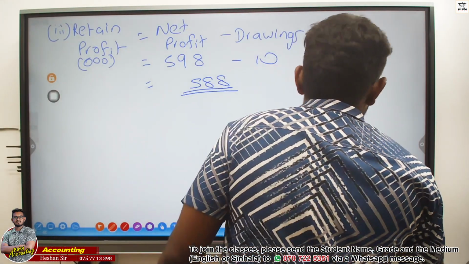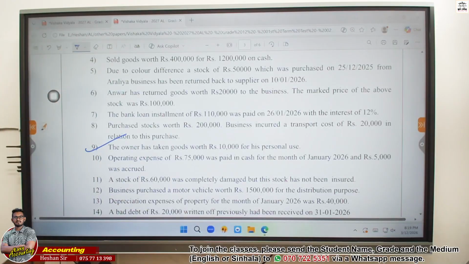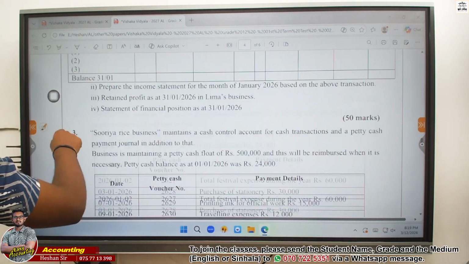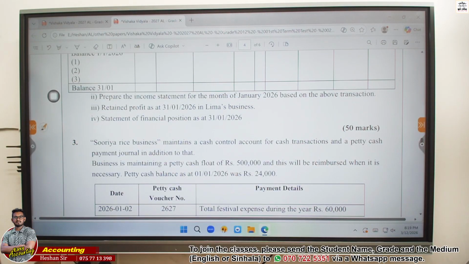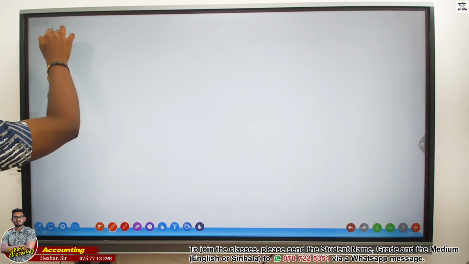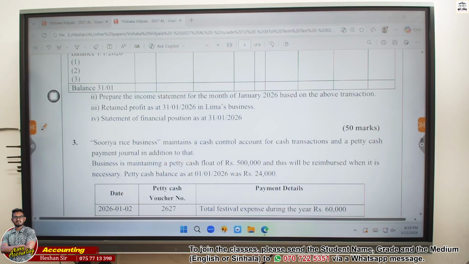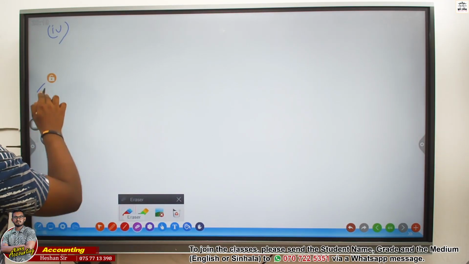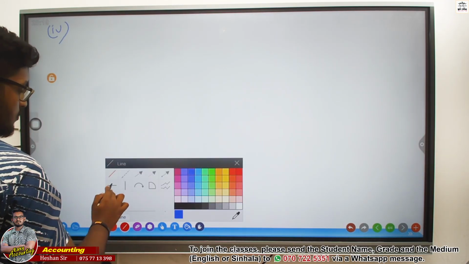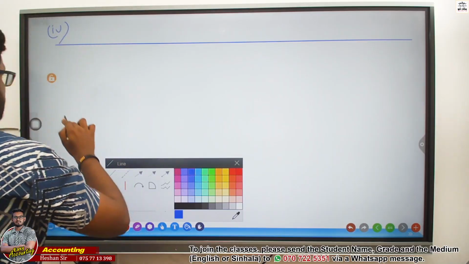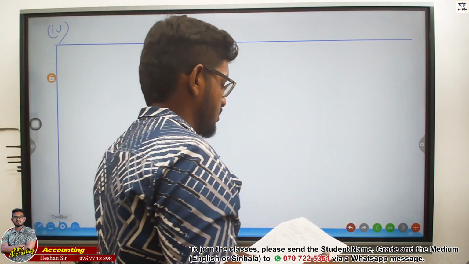Then Roman number 4, they are asking us to prepare the statement of financial position as at 31st of January. So Roman number 4, they are asking for the SFP, right?